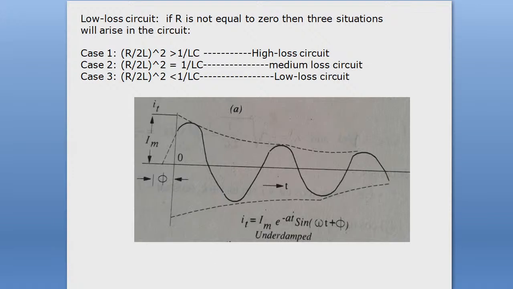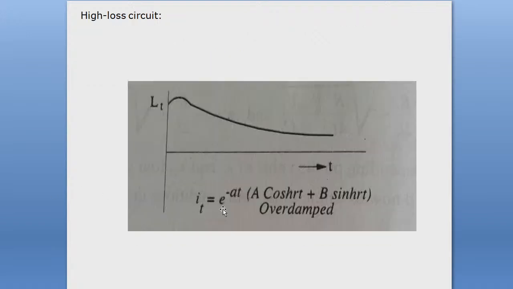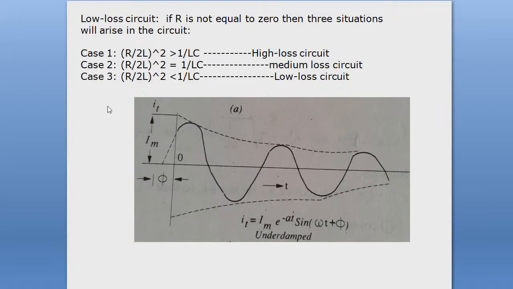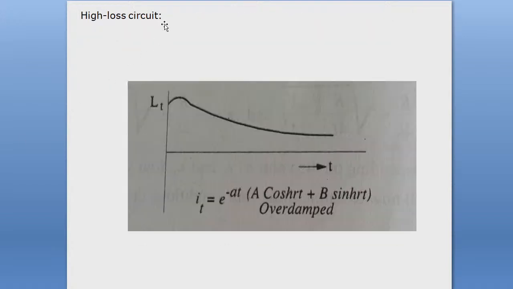Now let me show you the overdamped response, or high loss circuit. For high loss circuit, the condition is (R/2L) whole square greater than 1/LC.